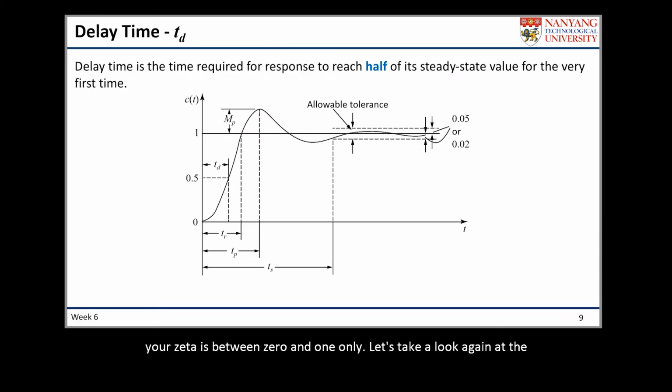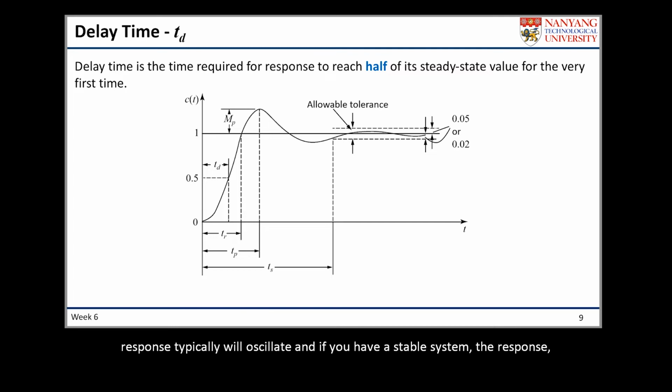Okay, let's take a look again at the typical unit step response of an underdamped second order system. When you give a step input to the system, as we have already discussed in the previous topic, the response will typically oscillate.